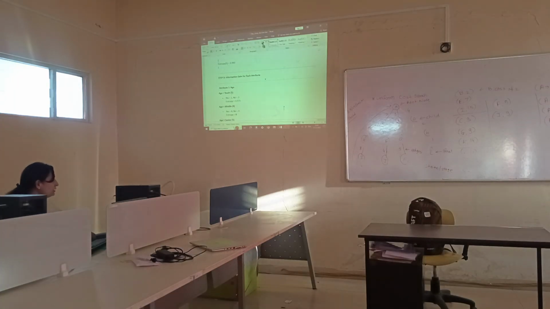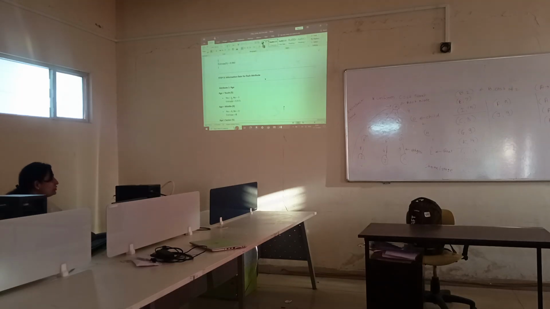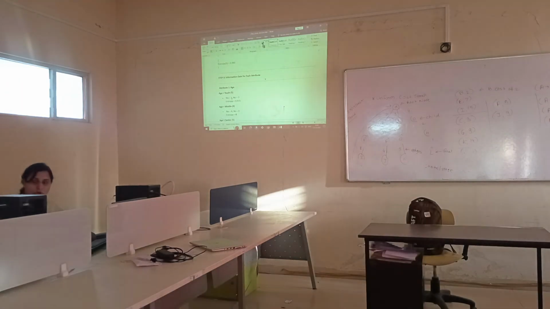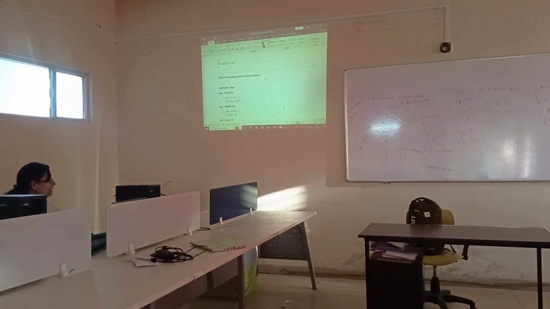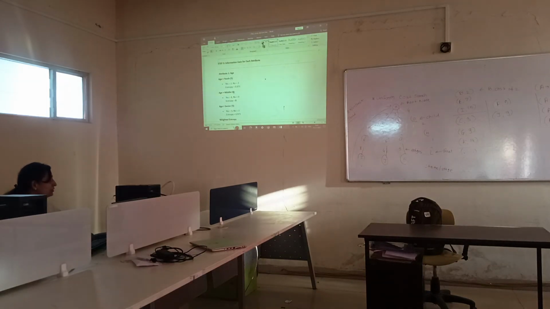Same formula: 2/5 log to the base 2 of 2/5 minus 3/5 log to the base 2 of 3/5. Calculate the entropy. This is 0.971.